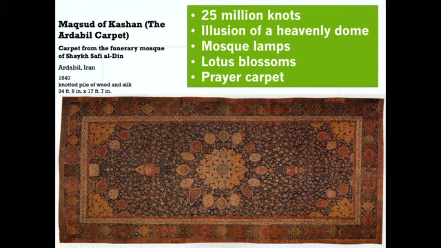So there's 25 million. Gives you an idea of how big it is. We have the mosque lamps. And then I didn't bring this up, but the designs that are going around the dome are all meant to symbolize lotus blossoms. And again, carpets were primarily used as places for people to sit and then kneel.